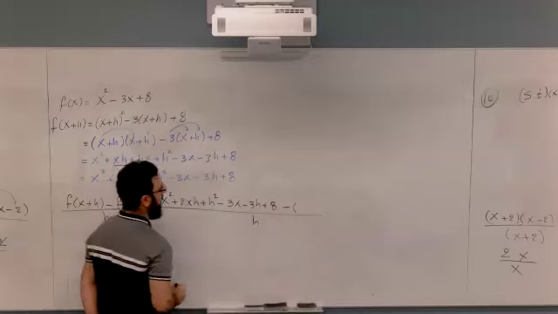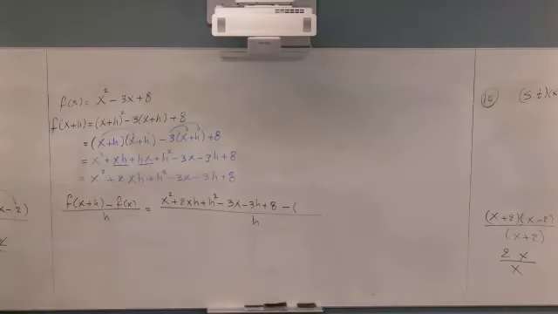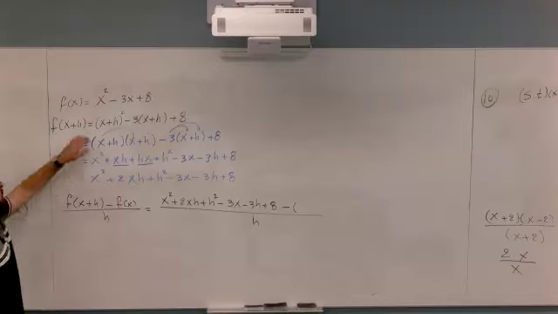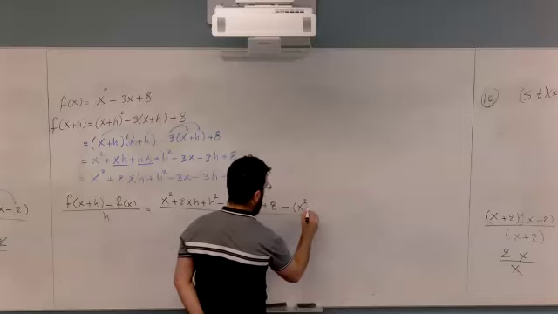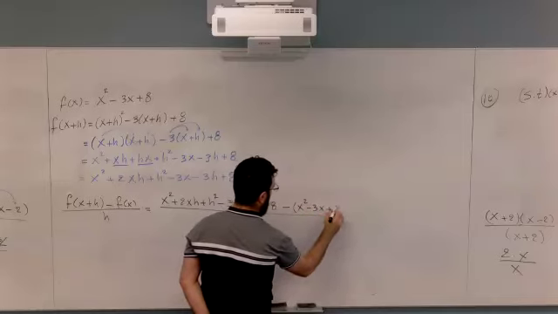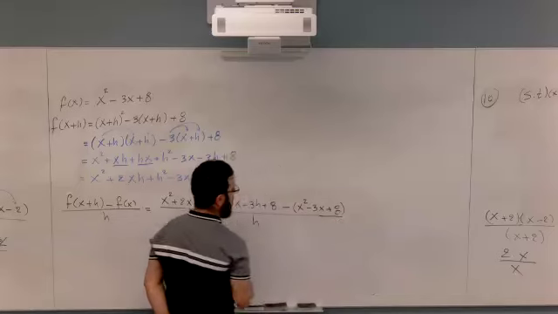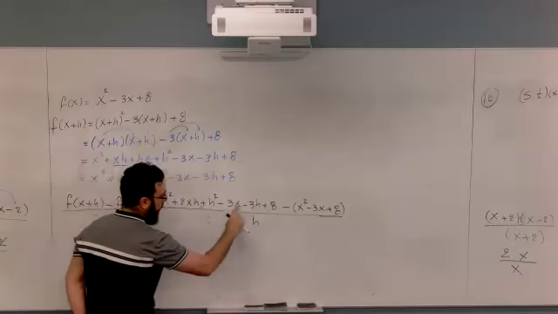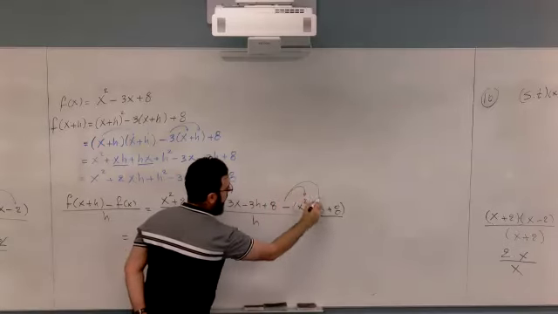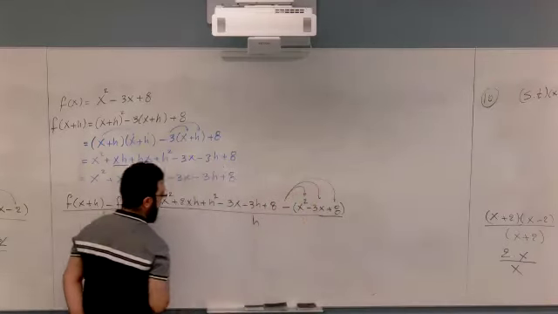Minus f of x, which is x squared minus 3x plus 8. What's the next step? Write down the whole thing and distribute the negative sign.